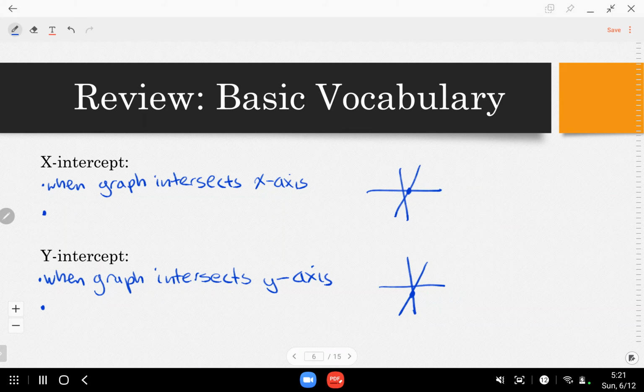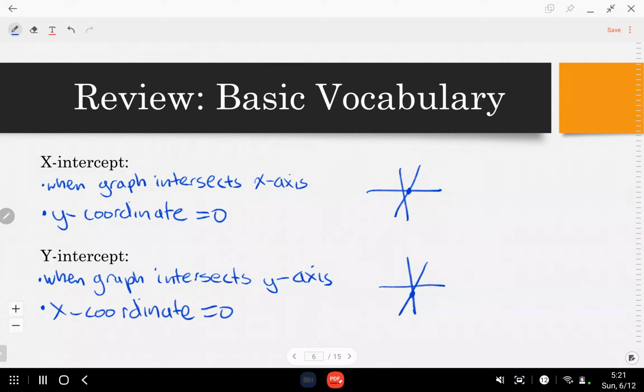If it's on the x-axis, then the y has to be 0, right? The y-coordinate equals 0 for the x-intercept, and the x-coordinate equals 0 for the y-intercept. So do you understand now?